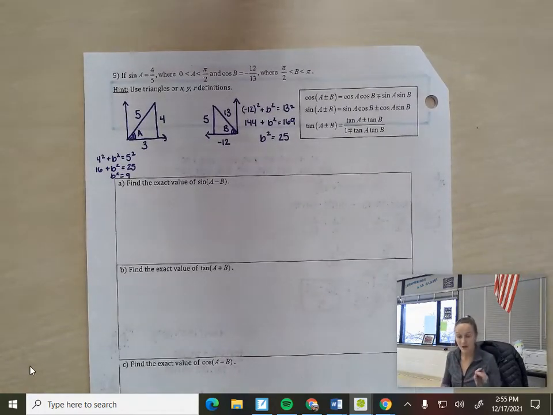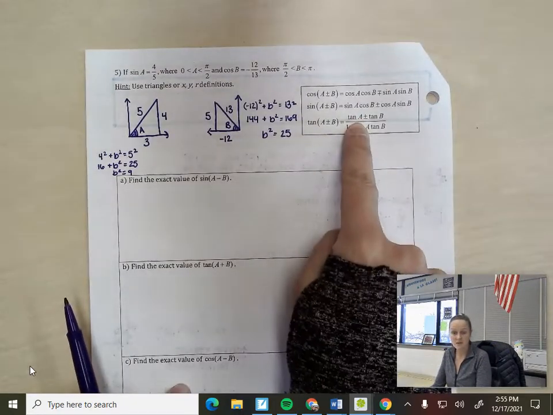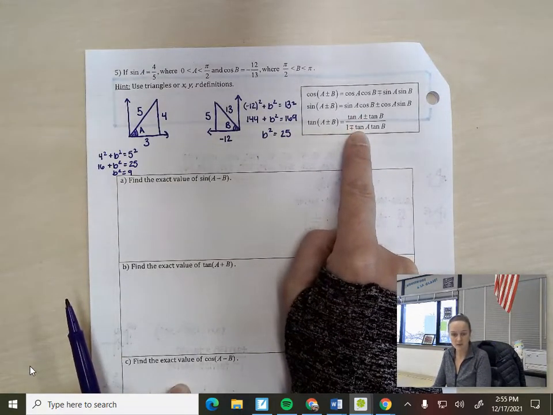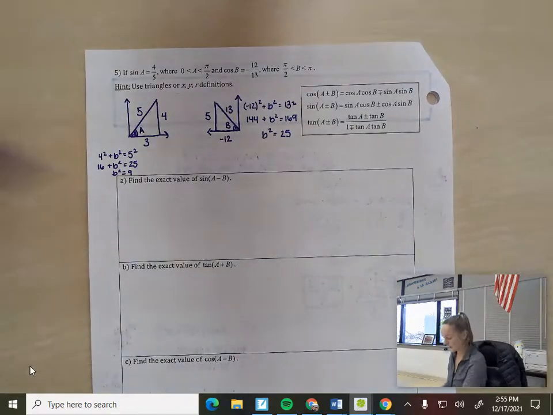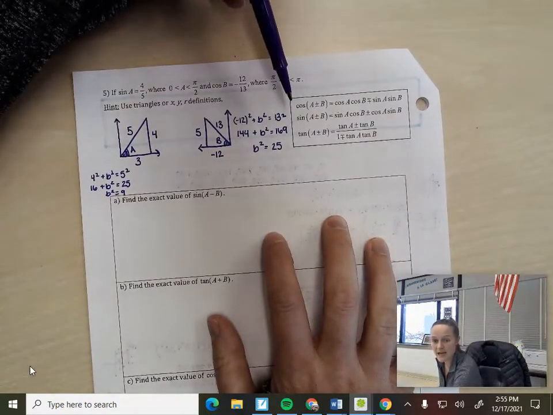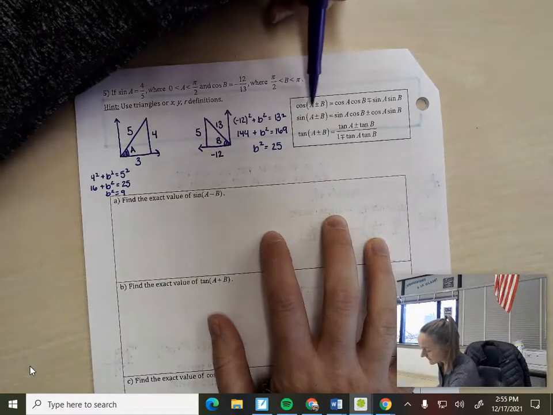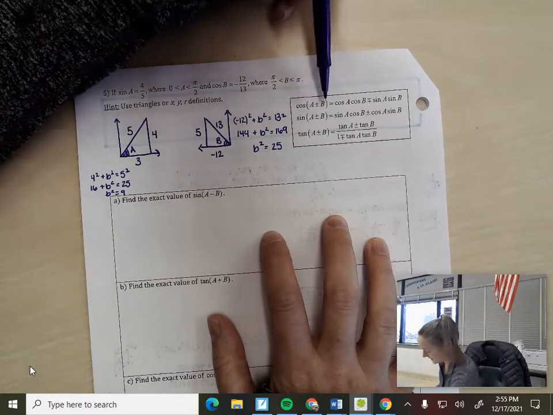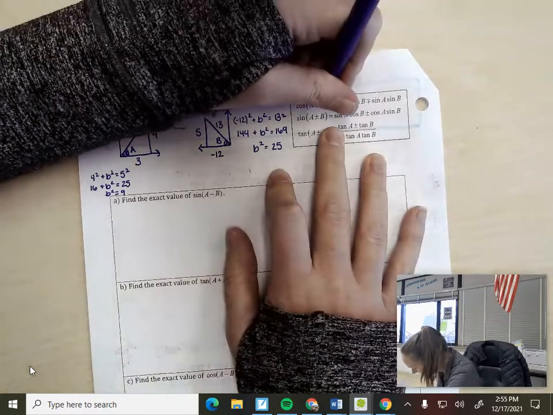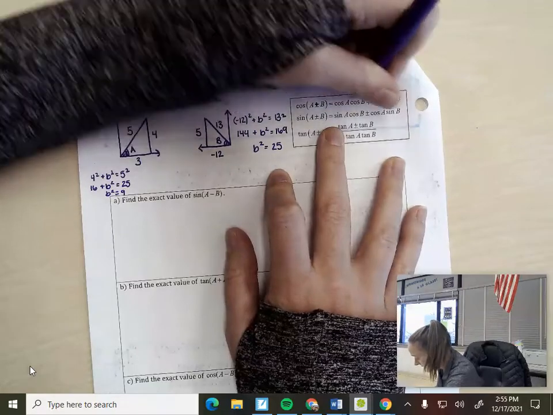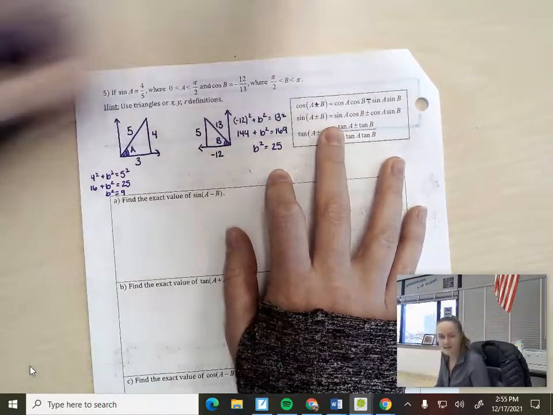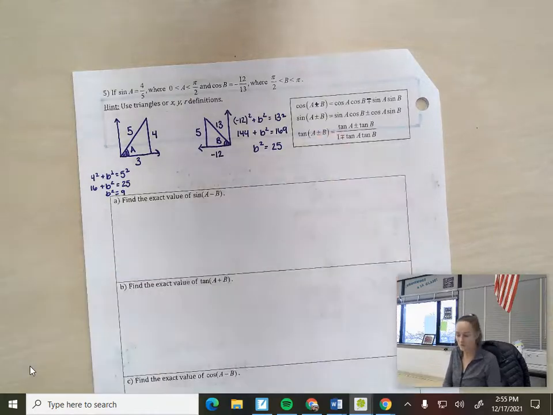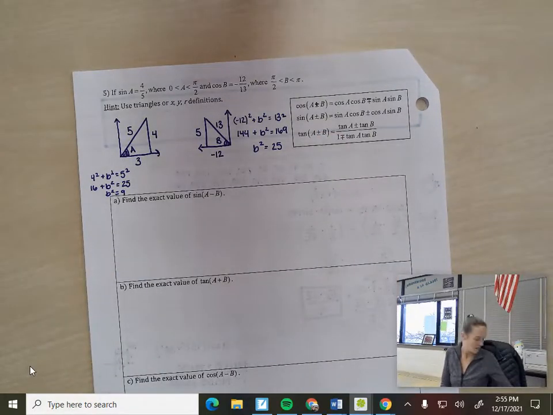One thing I want to point out, on the first page, the formulas are broken up by plus and minus. This is actually how you'll be given the formulas when you're given a formula sheet. And it's important to notice that they correspond with what's happening. So here it says cosine of A plus or minus B. The plus sign is on top. And when you see the formula, the minus sign is on top. So the plus sign goes with the minus sign.